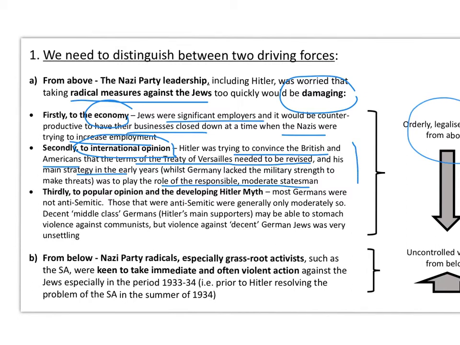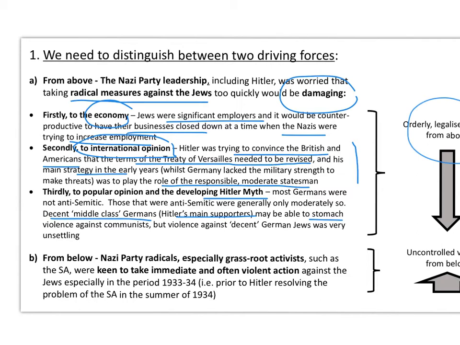And thirdly, that key notion about Hitler's popular support. Hitler's very, very sensitive to his own popularity. His power is based not so much on terror, but on popularity, on consent. And the middle-class Germans, Hitler's main supporters, can't stomach violence.